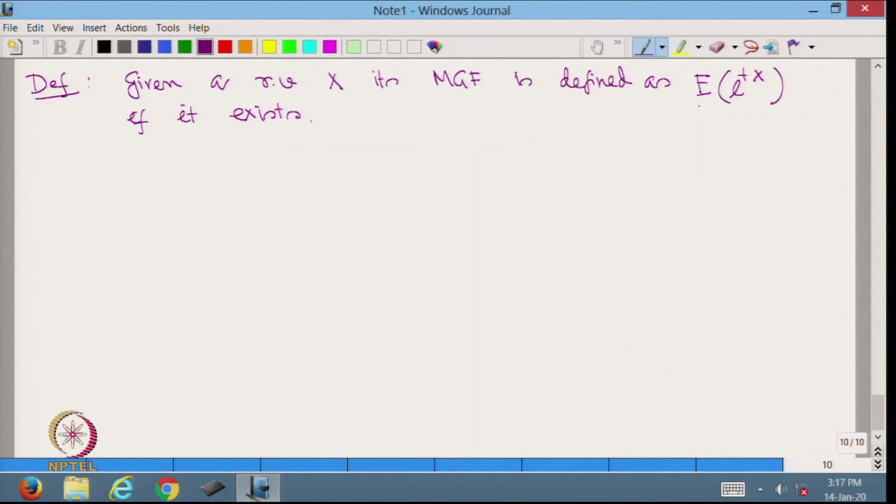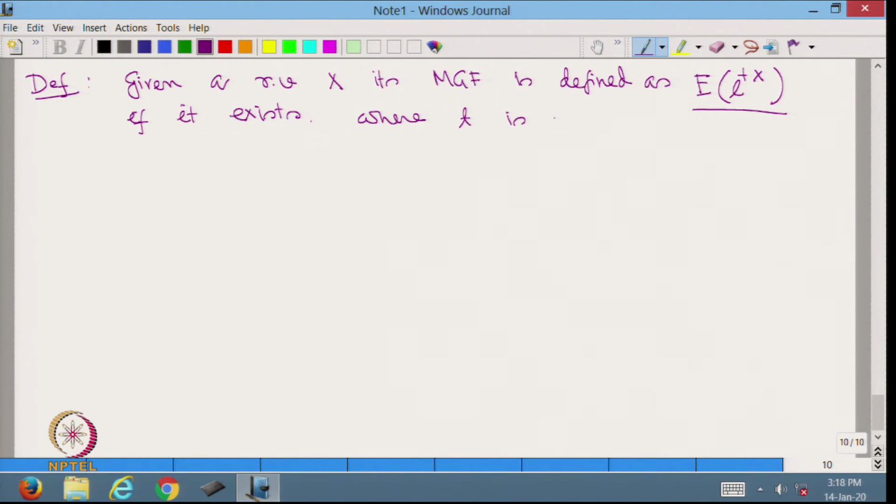Sometimes we will see that this quantity does not exist for a random variable. Therefore, in such a case we cannot define the moment generating function.